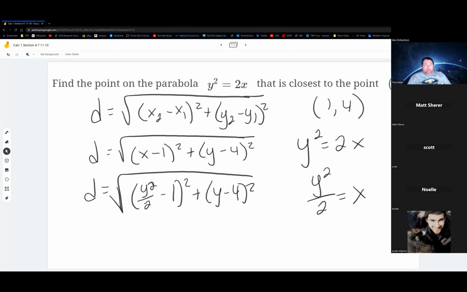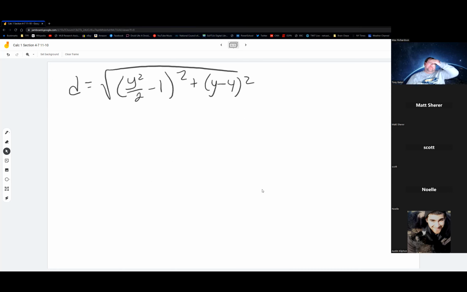So we're looking for, again, the critical number. So we've got y squared over 2. So we've got this function, and the way it is right now, it's really messy. So what I can do, instead of having to worry about minimizing this whole thing, minimizing the actual inside of this is the same thing as minimizing the square root.